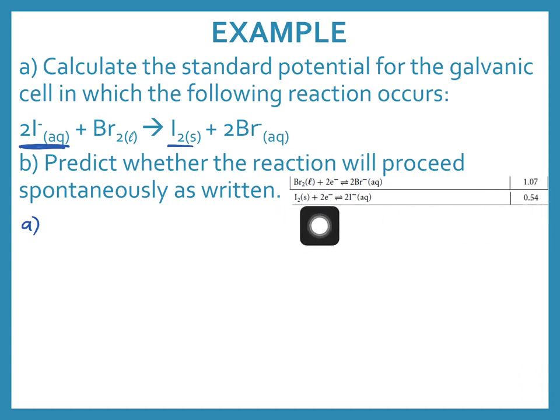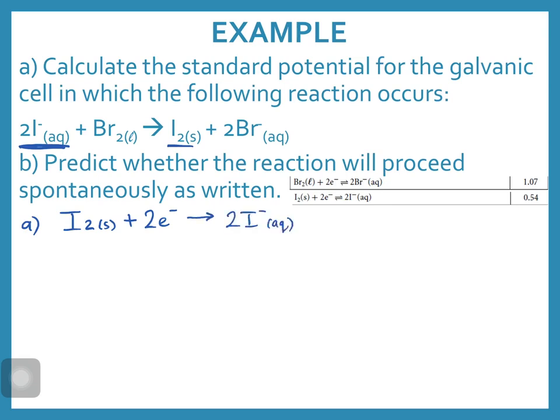So this is written as the reduction. Because it's lower in the table, it's actually going to be the oxidation, and so that is flipped from what we have here. So the half reaction is I2 plus 2 electrons becomes 2 iodine ions.